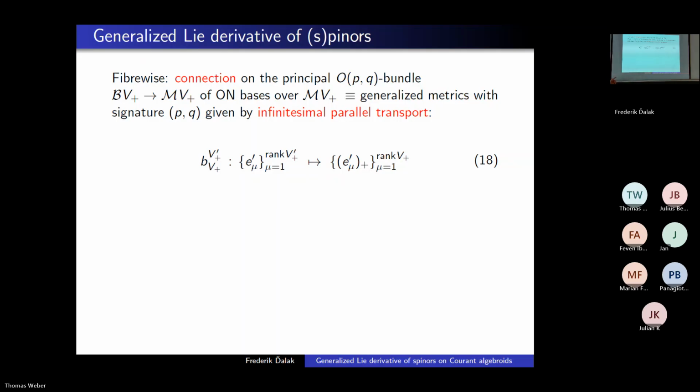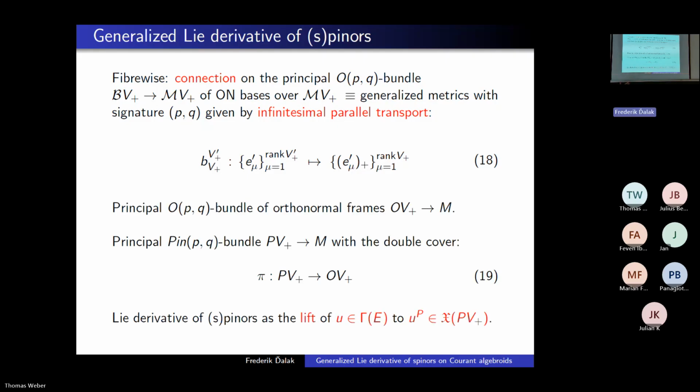And so if you want to map an orthonormal frame with respect to the V prime plus to an orthonormal frame of the actual V plus, it turns out that all you need to do is simply to compute a projection of the vector onto the new V plus. And this, in the first order, infinitesimally, turns out to actually give you the canonical isometry. So this is actually even simpler in this generalized setting than it was in the classical case.